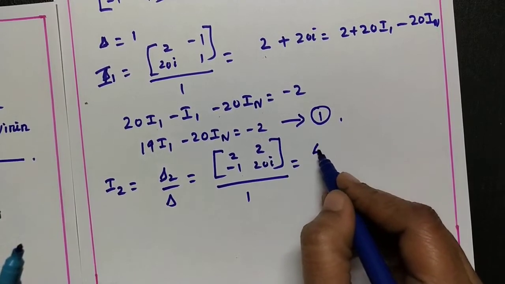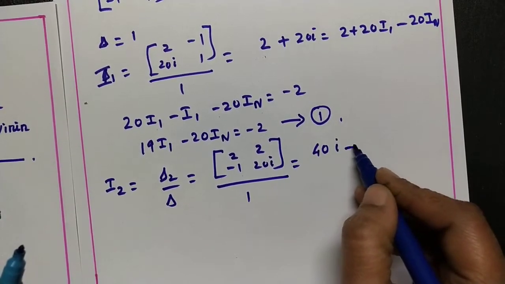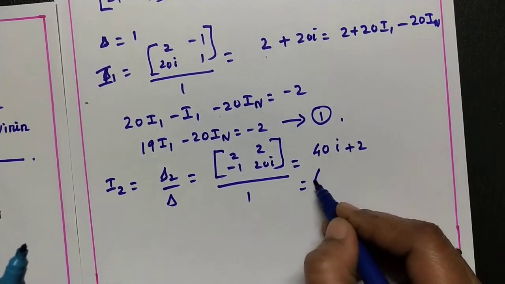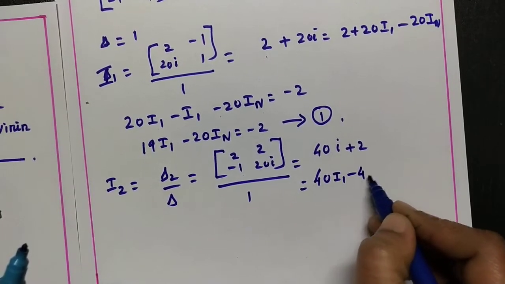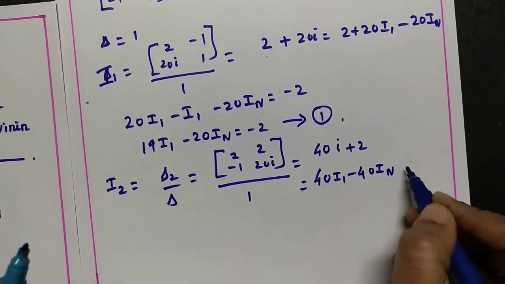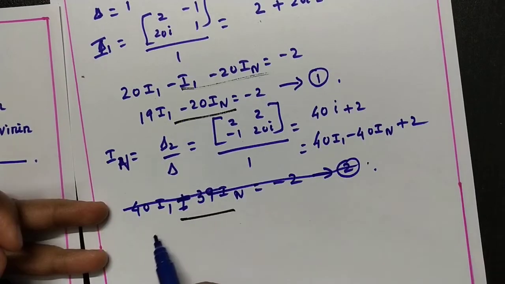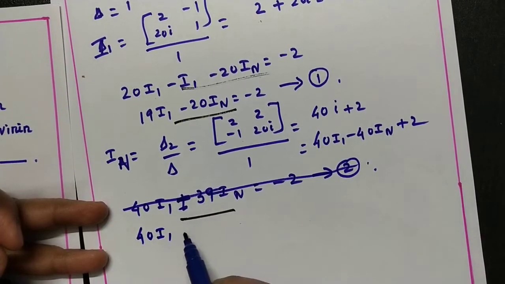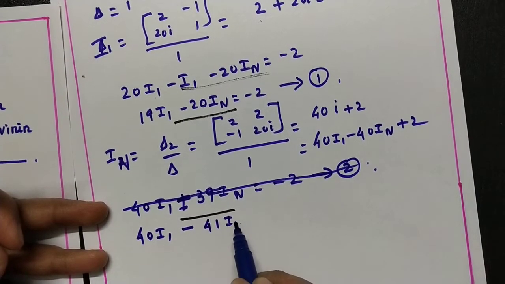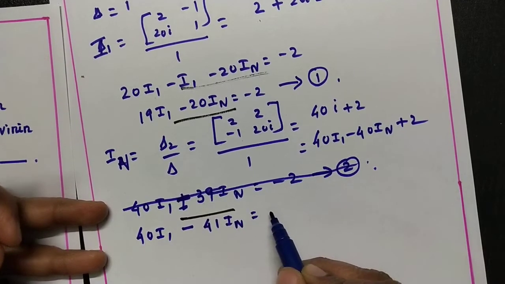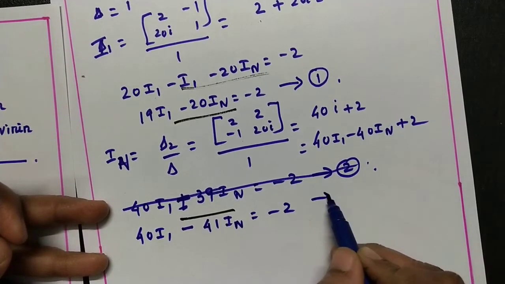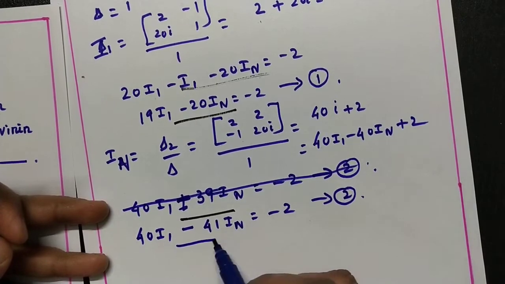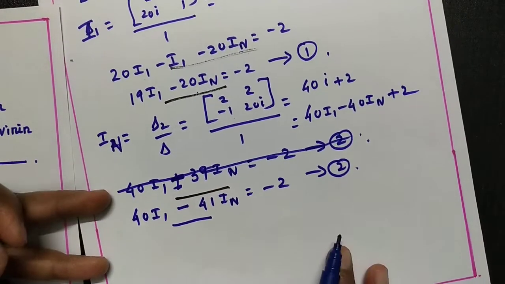So 40I plus 2, that is equal to 40I1 minus 40IN plus 2. So 40I1 minus 41IN equal to minus 2. This is taken as the second equation. Now this equation and this equation are taken into consideration.